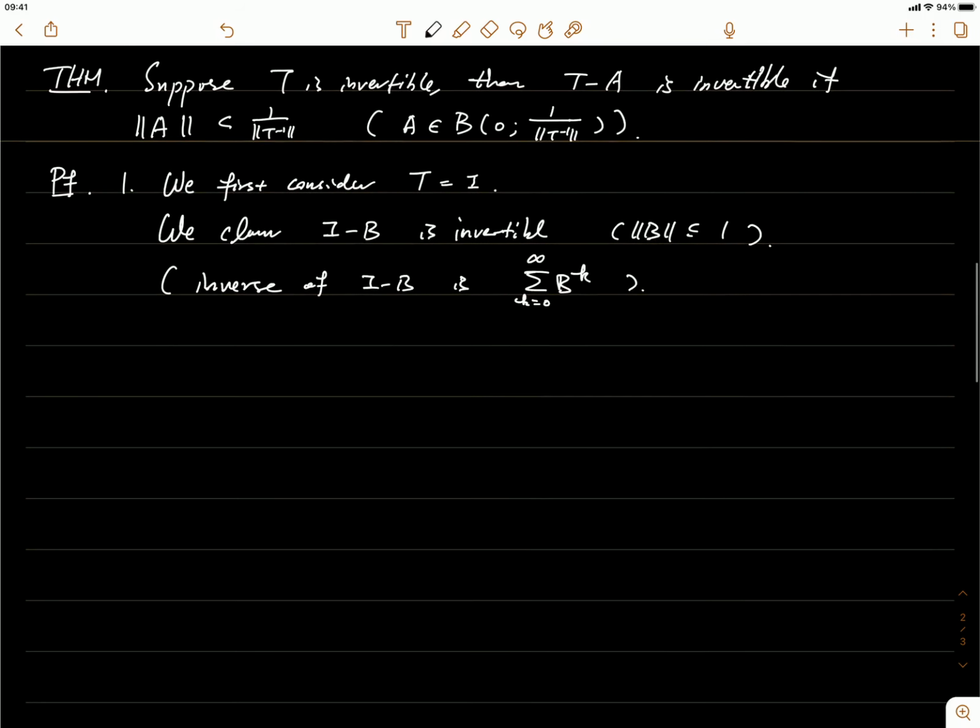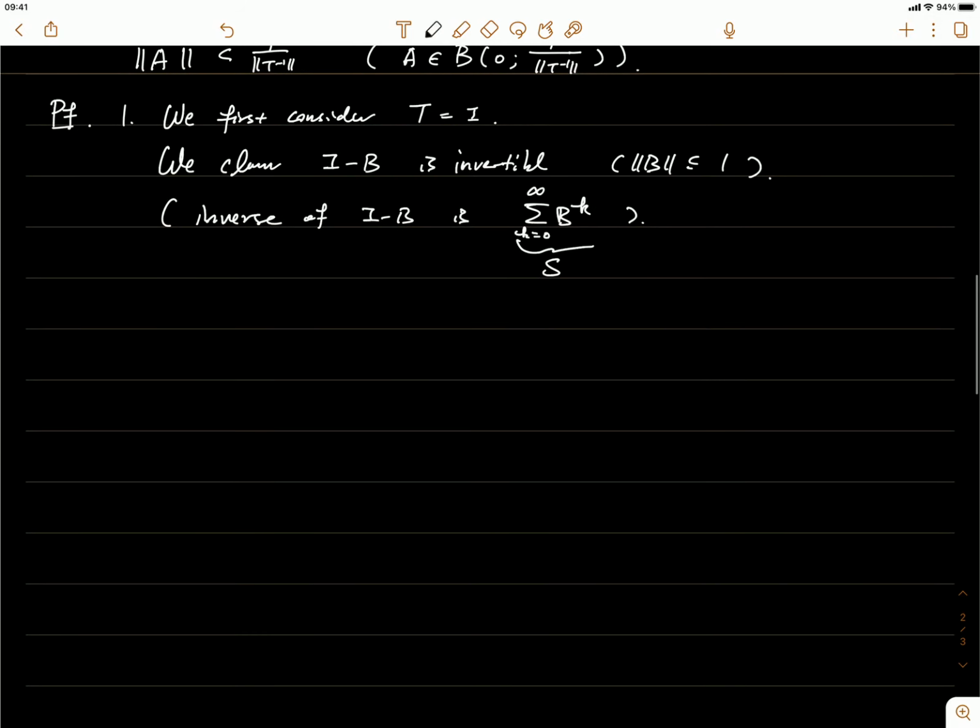Okay, so let's see why this is true. First of all, let's say I define this thing to be S. I want to claim that S is the inverse of I minus B. Okay, and to show that, let's just look at the definition of S. If I want this thing to be convergent, it suffices to show that it's absolutely convergent.